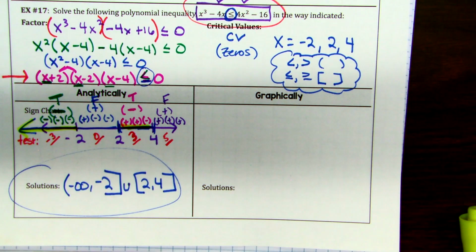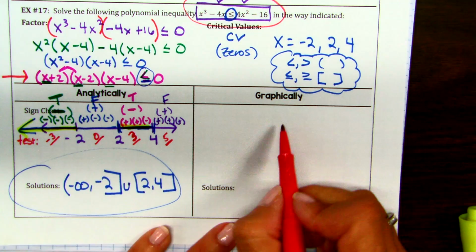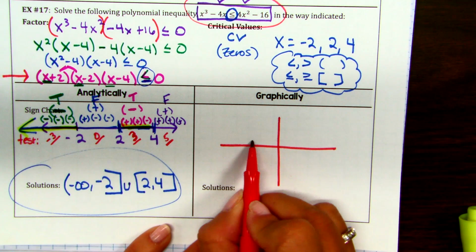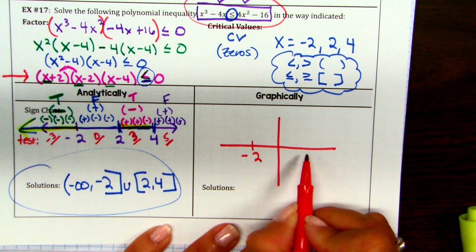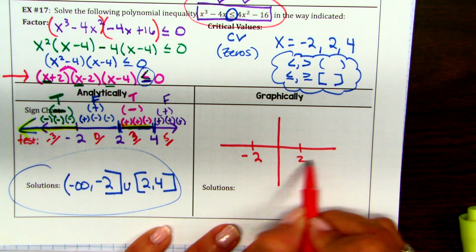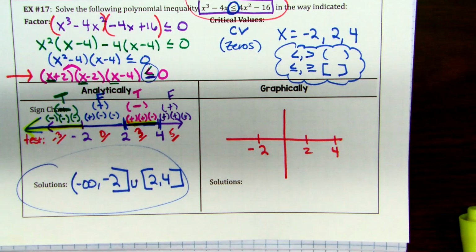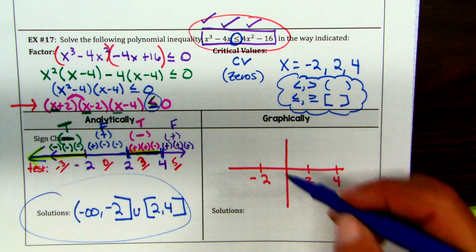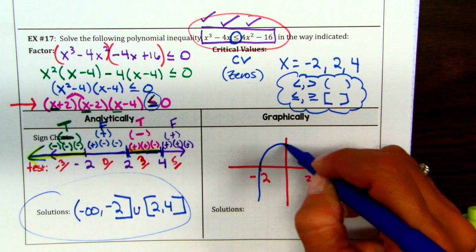There's your answer, okay? Let me just sketch a graph for you to show what you just found. This is really where people see it. I'm just going to quickly sketch, put my zeros on there, -2, what were they, 2 and 4, right? Those are the x-intercepts, the critical values. I put this in my graphing calculator and just quickly sketched the graph. So it looks something like this.